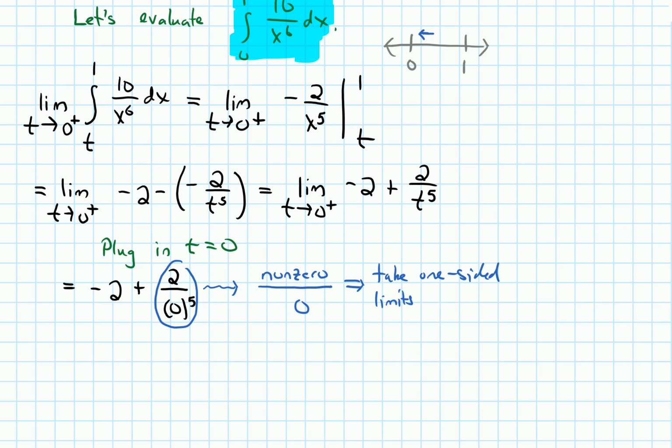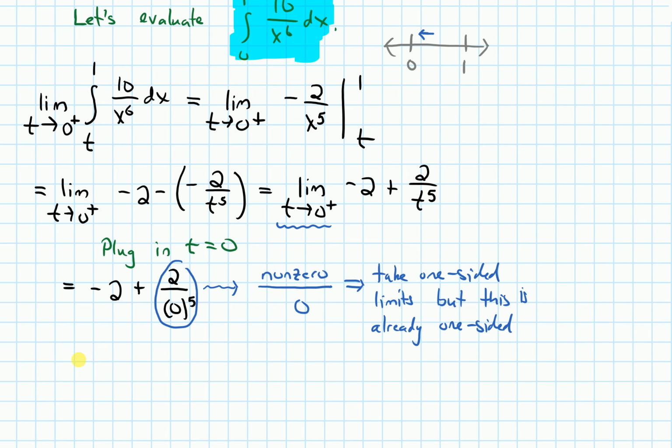But our limit that we are doing here, t is approaching 0 from the right, is already one-sided, which means we get to just focus on this specific side.